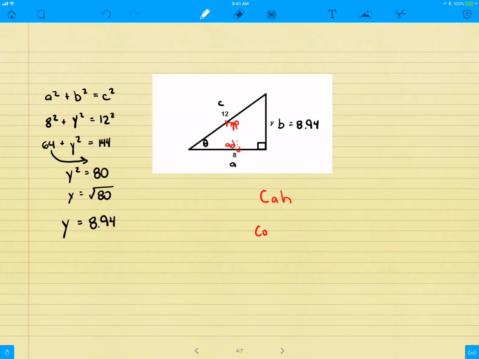So it's cosine of my missing angle, theta, equal to the adjacent wall, which is 8, divided by 12. You can simplify that fraction, dividing both by 4, to get 2 over 3. So the cosine of theta is equal to 0.6 repeating, over and over.